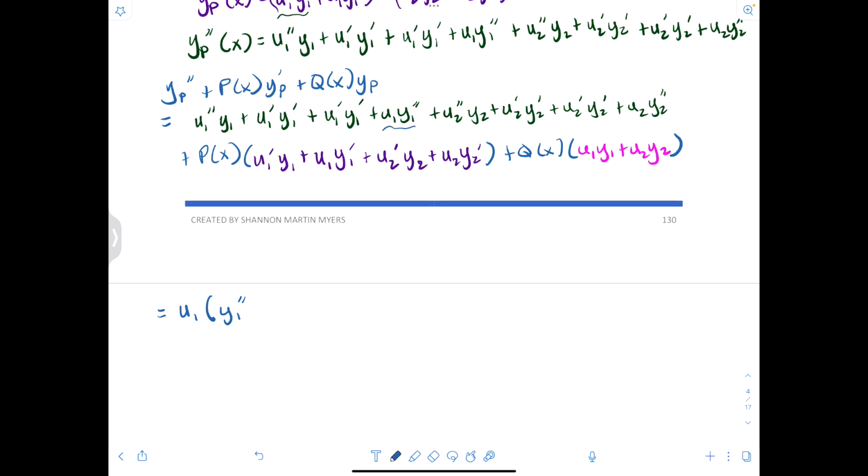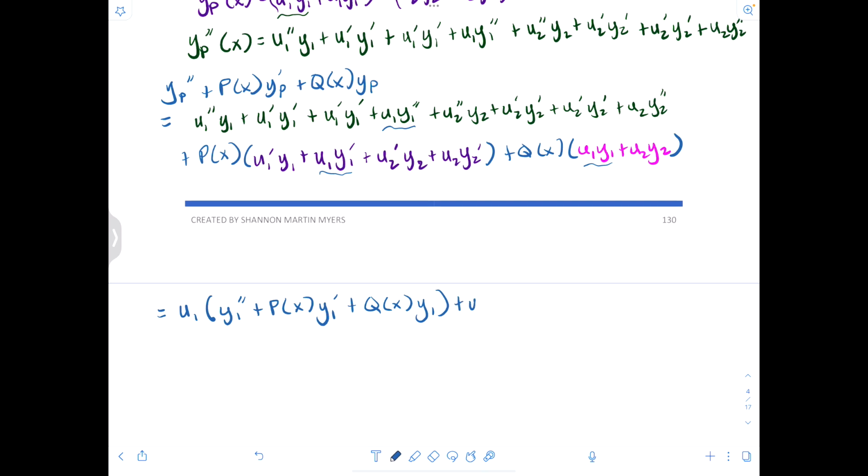And then the next u1 term is over here, so that would be plus p at x times y1 prime. And then I have another u1 term with the q at x, so plus q at x y1. Cool so far? All right.